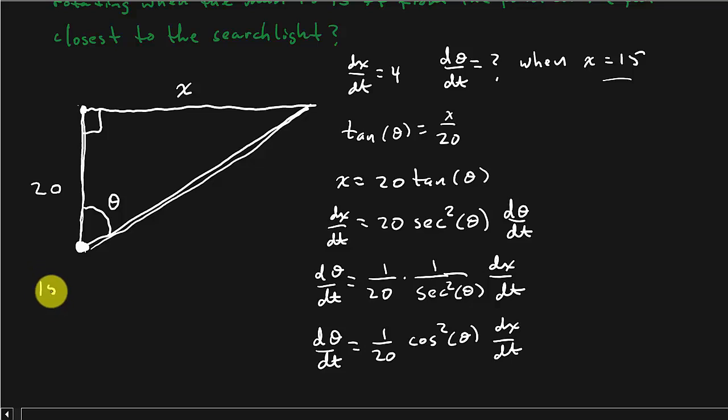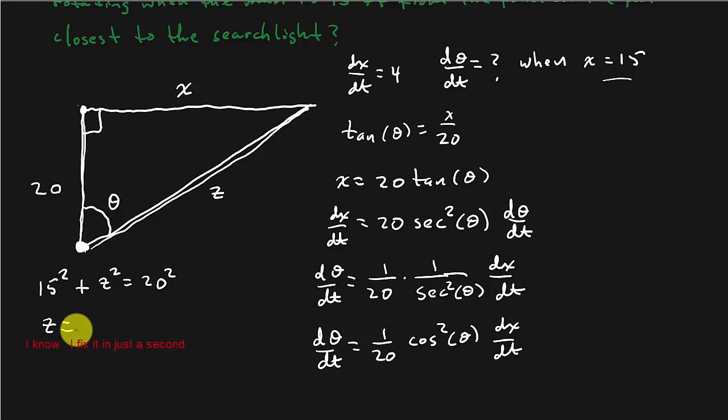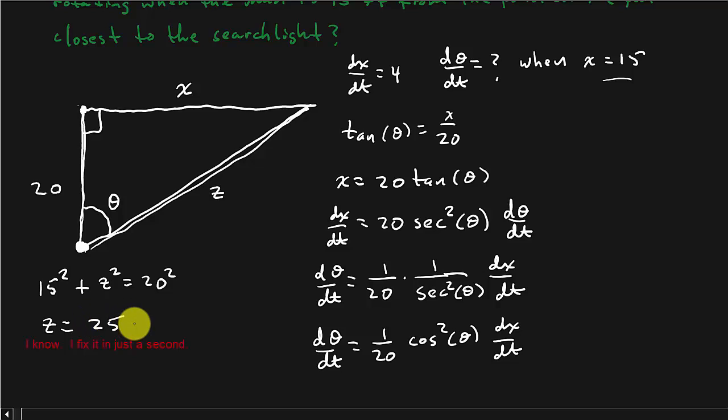So I've got 15 squared plus 20 squared, and we'll call this side z.